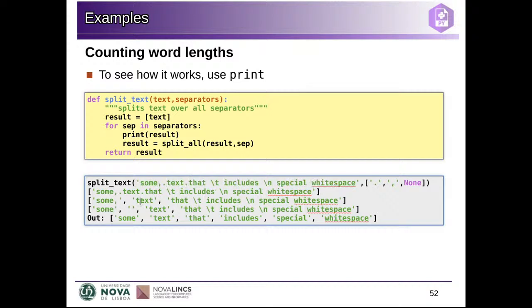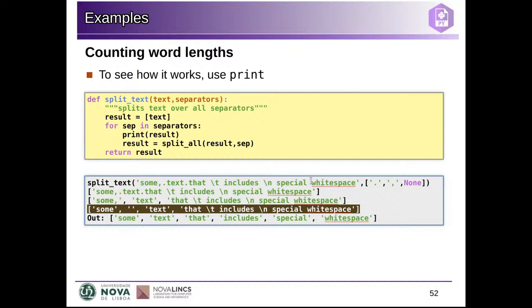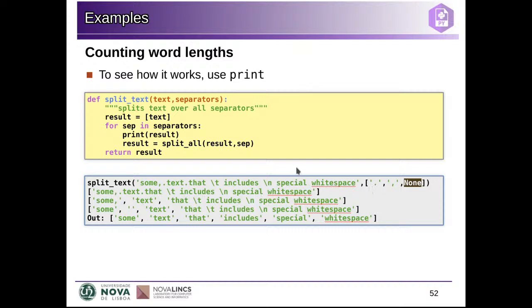So we have a break there, and so on, and we have this list of fragments. And now it's going to repeat the operation, but using the second separator, the comma, and it's going to be broken down into these parts, and then it's going to repeat the operation using none as the argument for split, which is going to throw away all the white space and give us the final result.